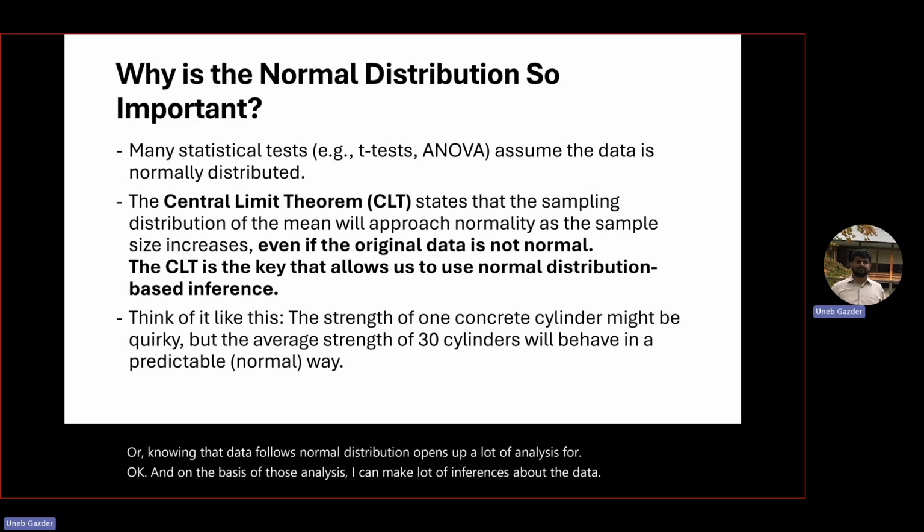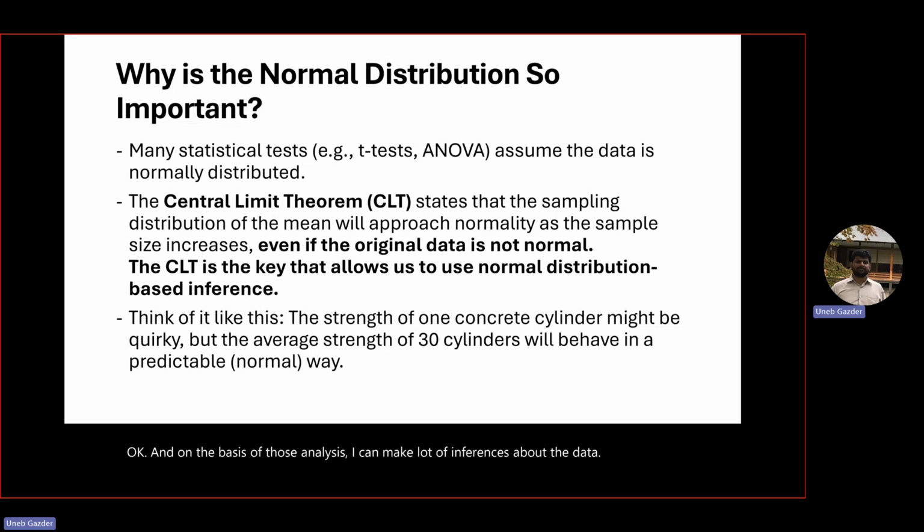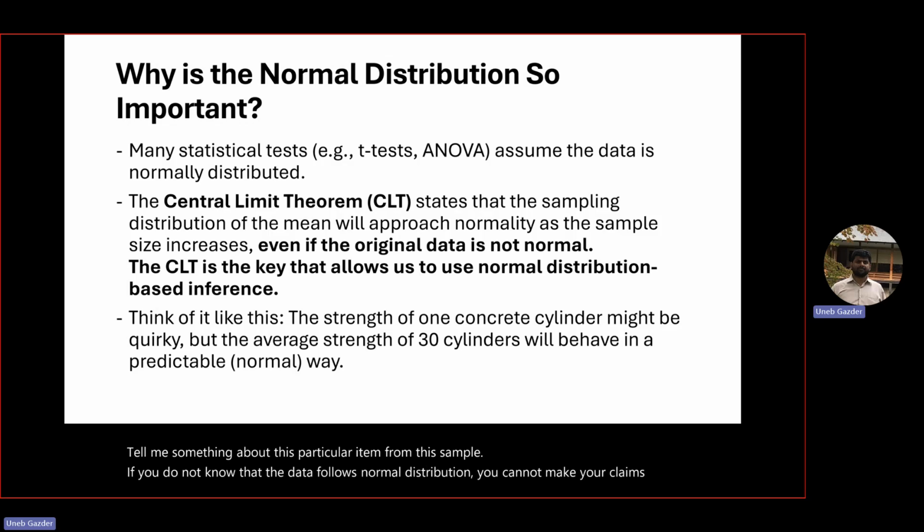Otherwise, if I give you a sample and ask you to tell me something about this particular item from this sample, you cannot make your claims about the item itself if you do not know the data follows normal distribution.